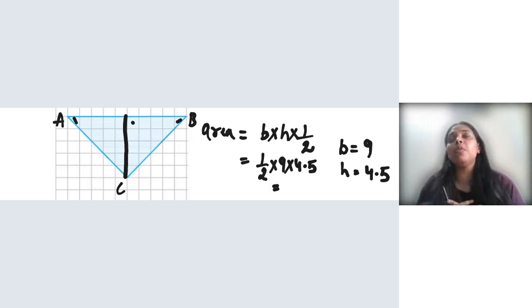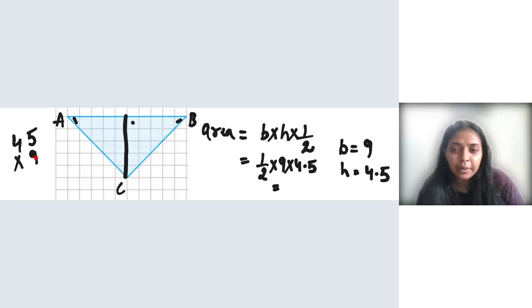Okay. Can you tell me what is 45 times 9? 439. No, it should not be 439. 45 times 9, right? 5 nines are 405.